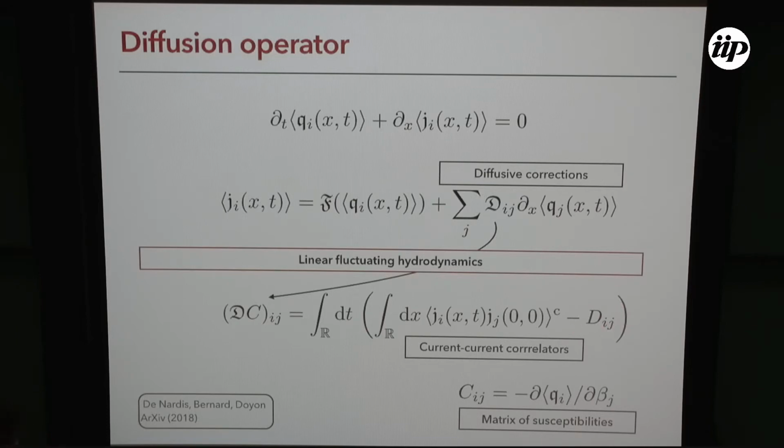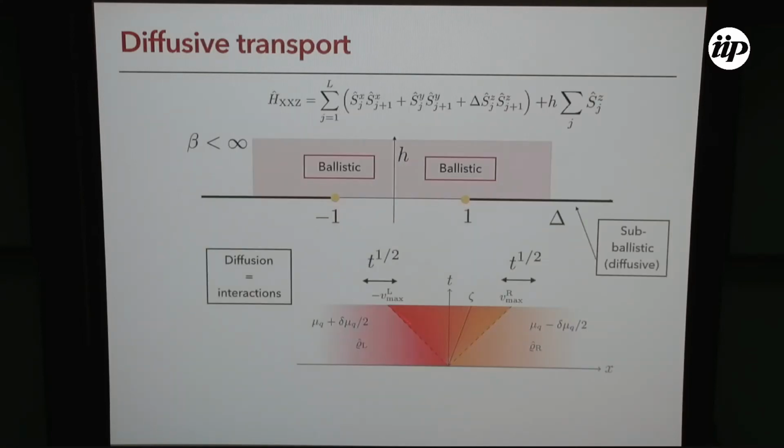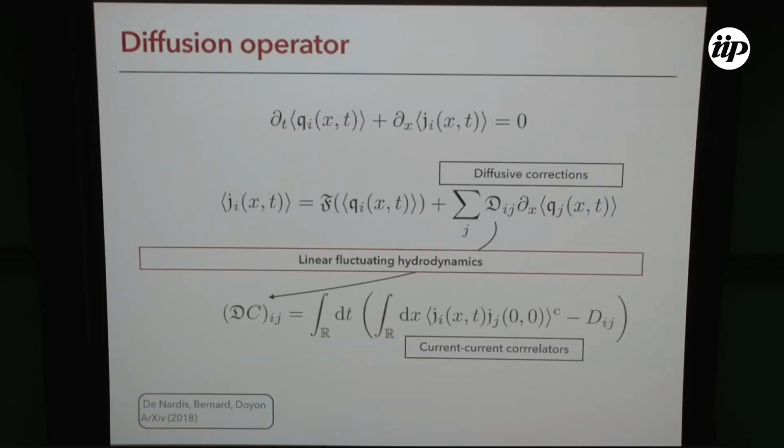If they have finite Drude weight, all you have to do is simply subtract this Drude weight from the current correlator. This is still a valid definition of diffusion constant. What does it mean? It means that your system has ballistic transport, but also has diffusive properties, and you want to evaluate the diffusion constant of this system. Okay, so the question then is to evaluate these correlations.